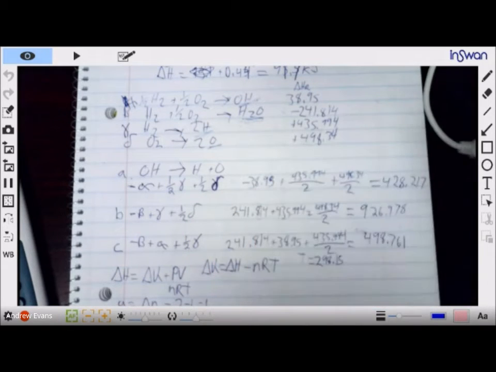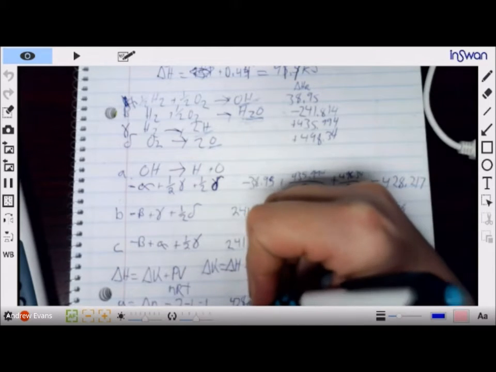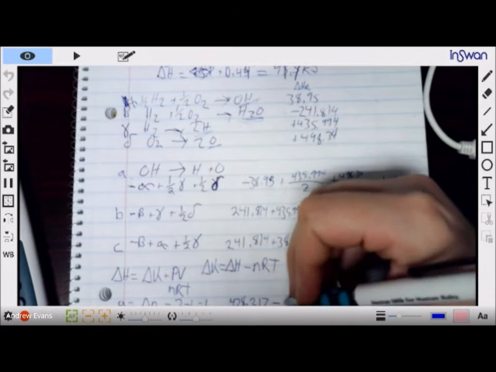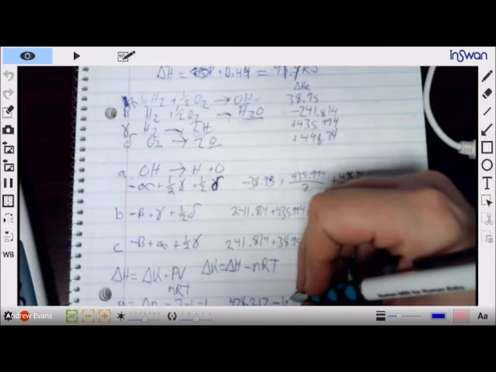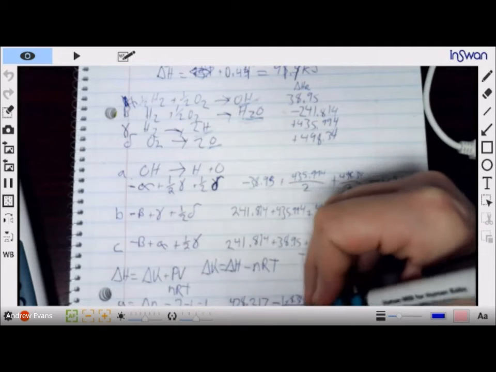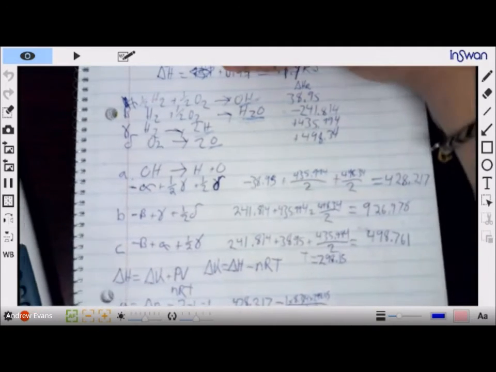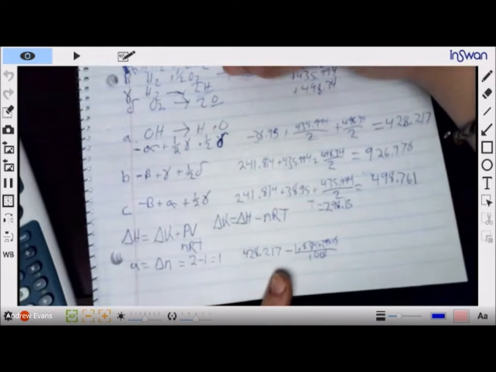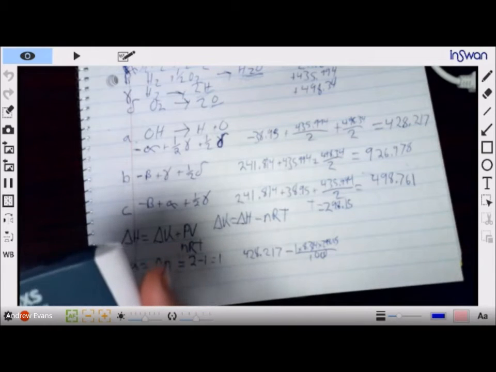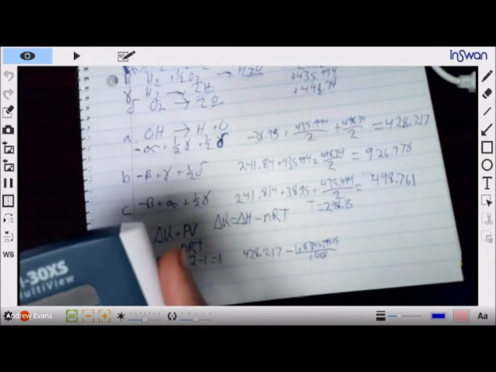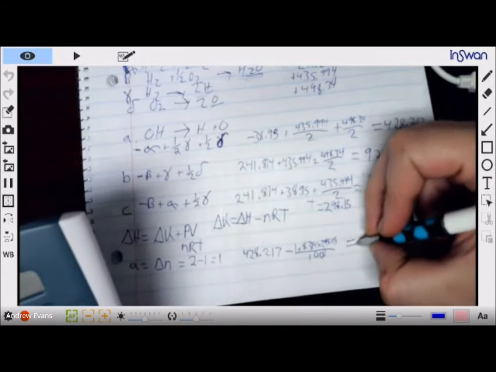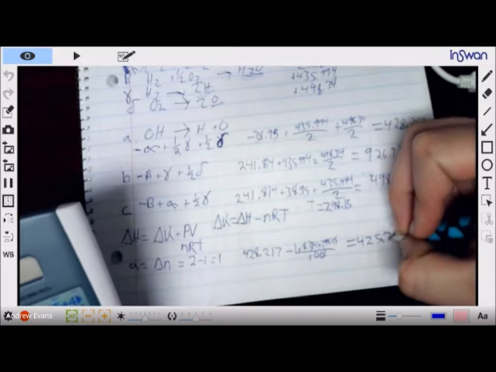We're going to have 428.217 minus 1 times 8.314 times 298.15 divided by 1,000. So 428.217 minus 2.479. U is 425.735.